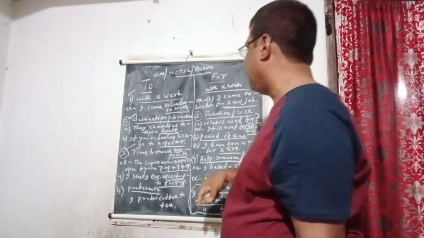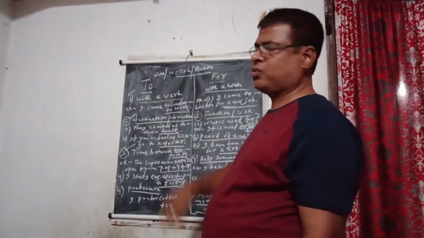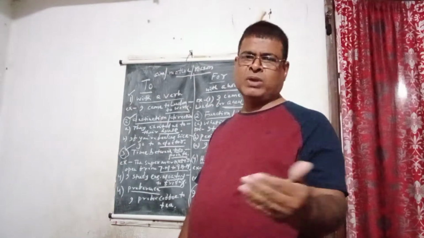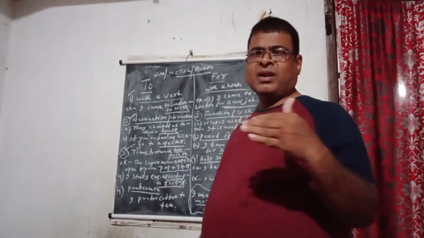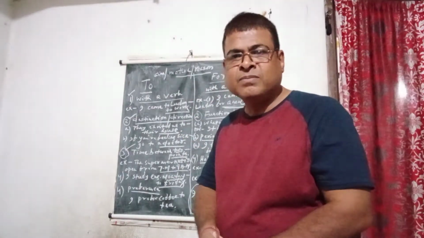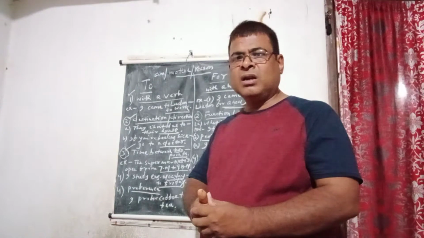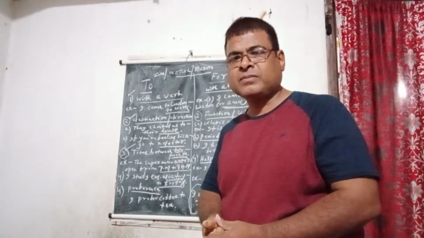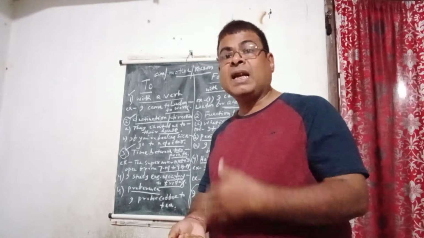I will give an example. They invited us to their house. So house here is the destination place. और direction change हो रहा है. Where am I going? Now I am going to their house.